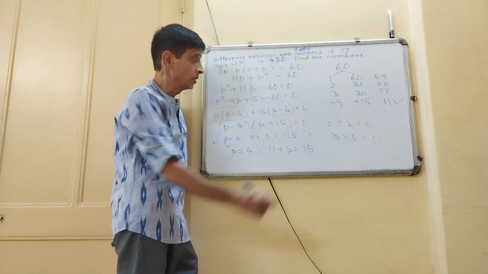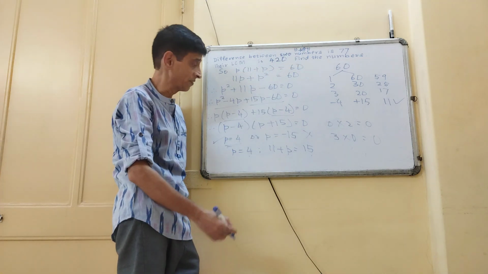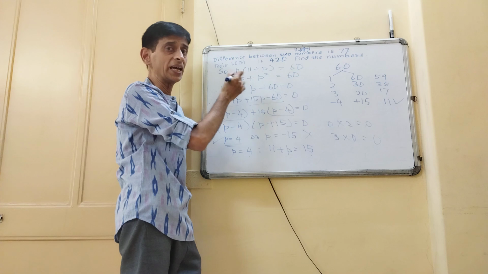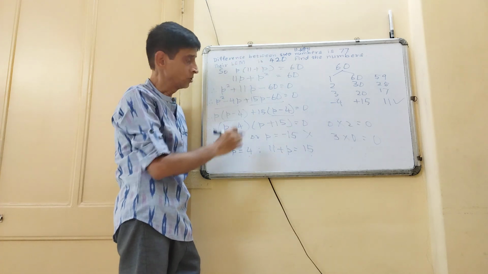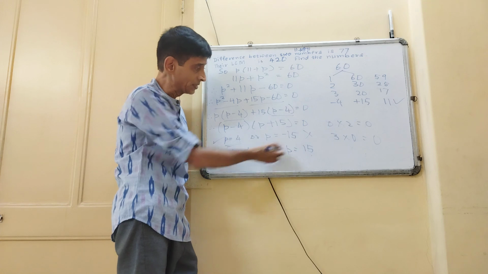Oh no, because they have a difference of 11, and we want the difference of 77. Initially we had said 7m minus 7p, so we have to multiply these by 7.